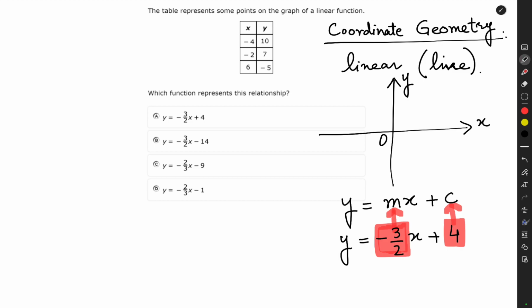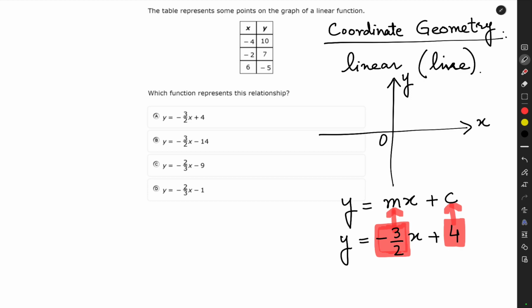Now I want to figure out, they have given us a table in which these are x values and these are the values of y, and these points actually represent a graph of a linear function.